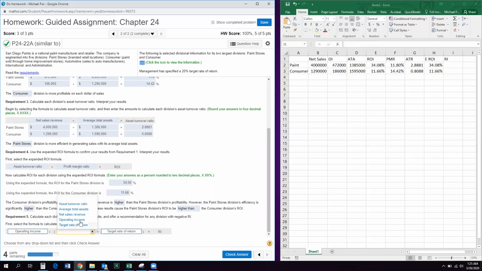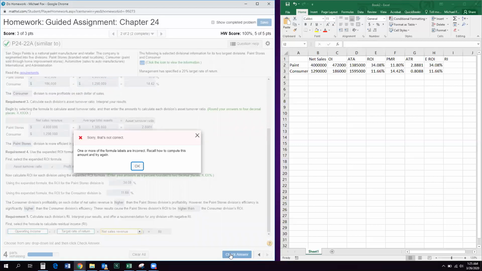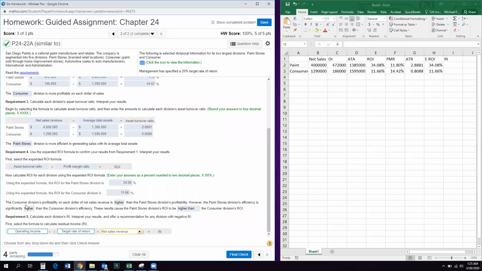That would be weird. Target rate of return times net sales. Okay, what am I doing wrong here?